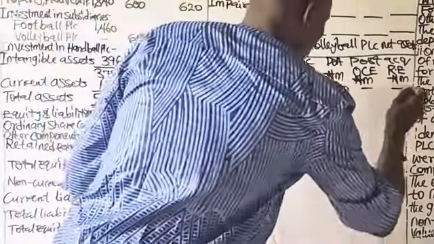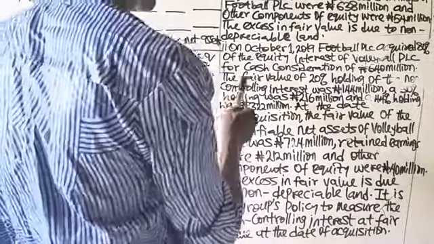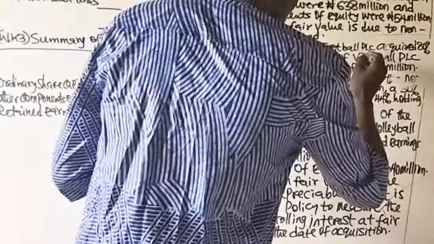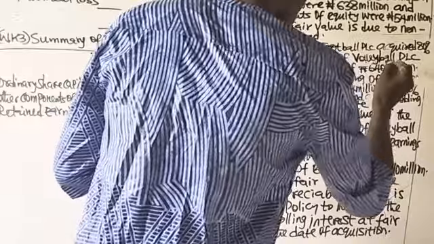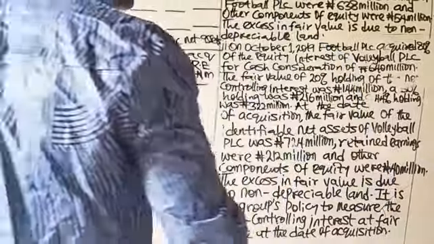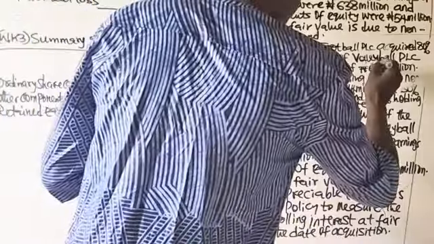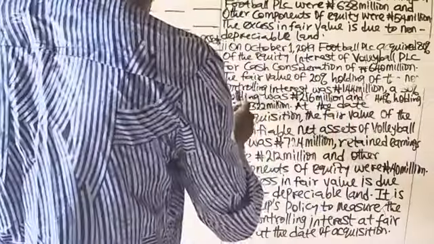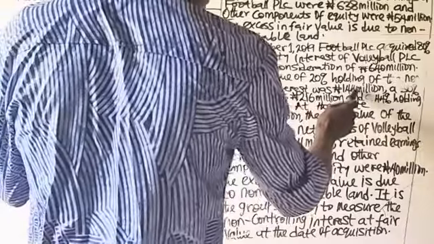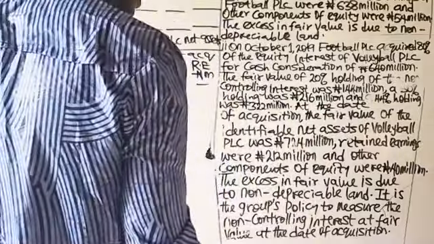Note 2. On October 1st, 2019, Football PLC acquired 80% of the equity interest of Volleyball PLC for cash consideration of 640 million naira. The fair value of the 20% non-controlling interest was 144 million naira.